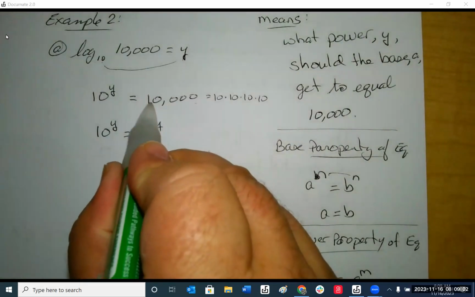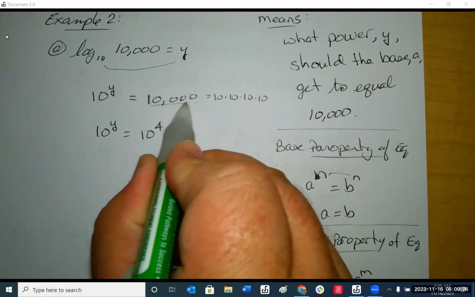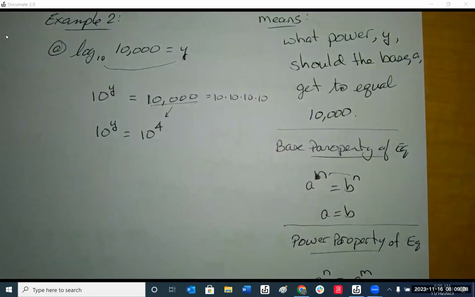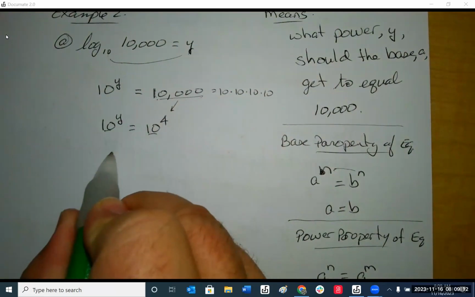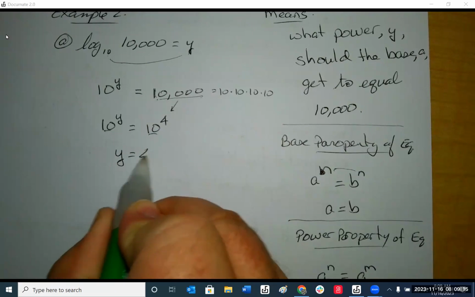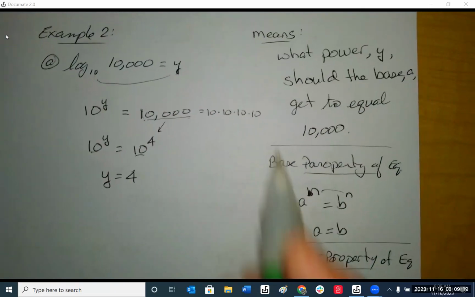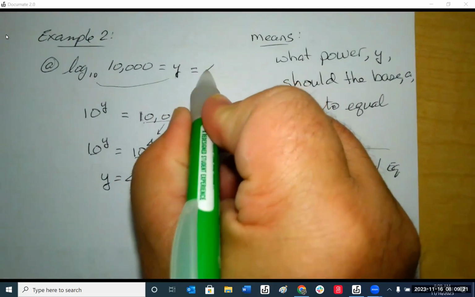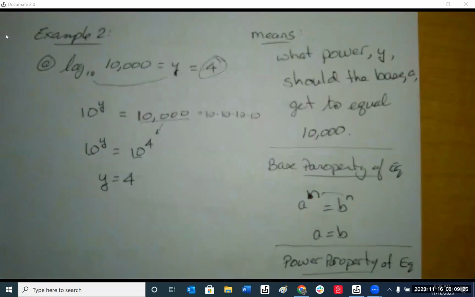Easy way to do this: since you have a number like this with a 1 in front, just count the number of zeros, and that tells you the exponent. Since we have the same bases, y equals 4. So the answer to this equation, log base 10 of 10,000, is equal to 4.